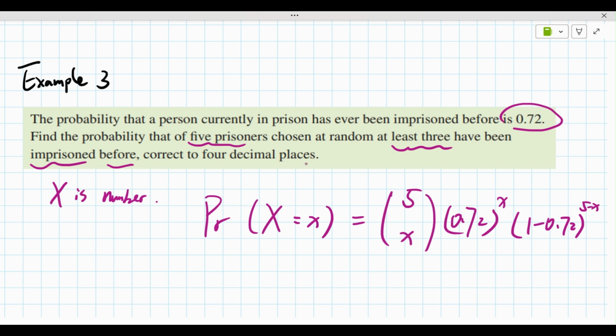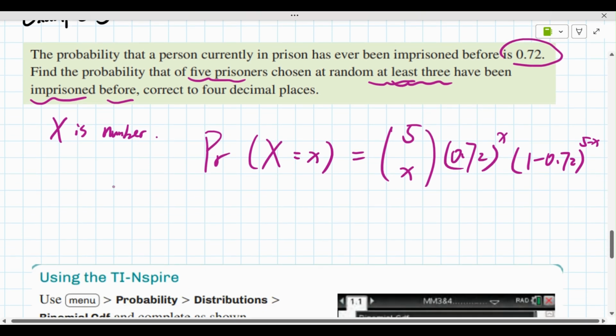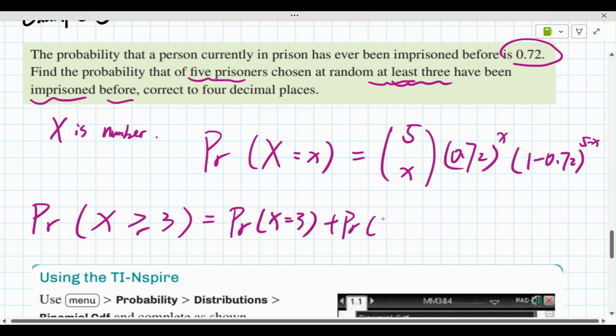So this is our binomial distribution, but they say at least 3, which is the probability of x greater than or equal to 3. That means we are using probability of x equal to 3 plus probability of x equal to 4 plus probability of x equal to 5.